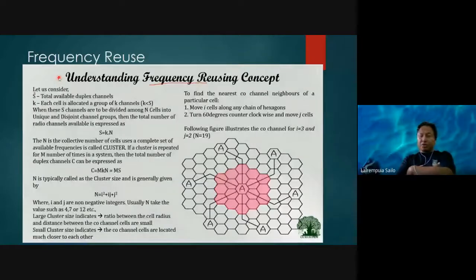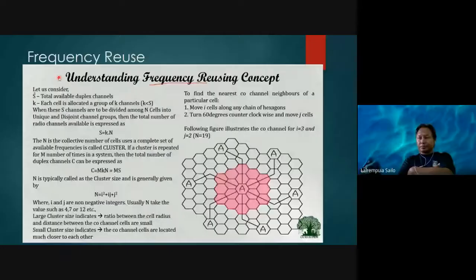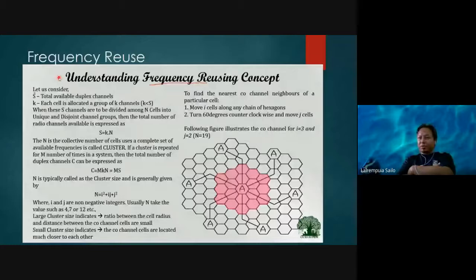So this is full duplex. Is it clear? What is duplex, simplex, and full duplex? Yes, sir. Okay. Let's consider S, the total number of duplex channels available. Duplex available means one-way communication channel availability is called S.